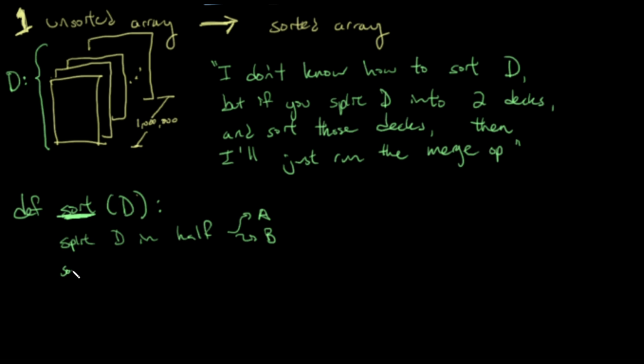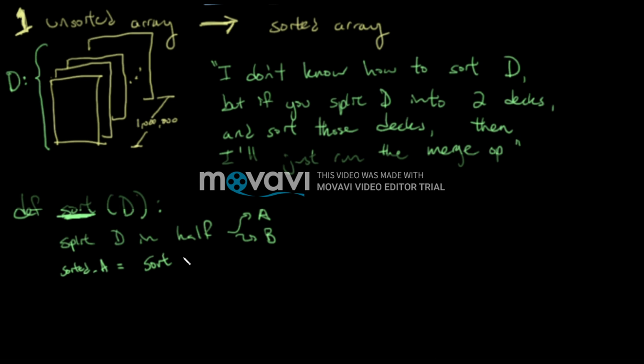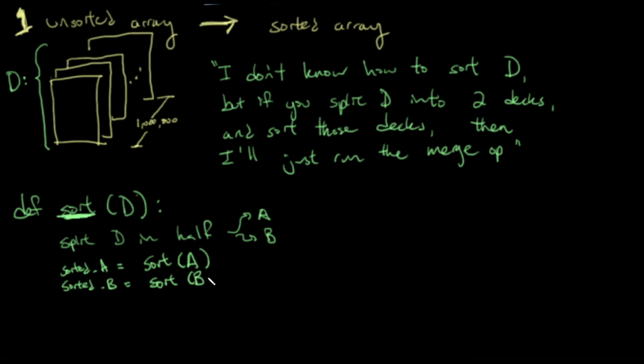We're going to let the variable sortedA equal sort on A, and we're going to do the same thing with B. That's the equivalent of us splitting D into two decks and sorting those decks.